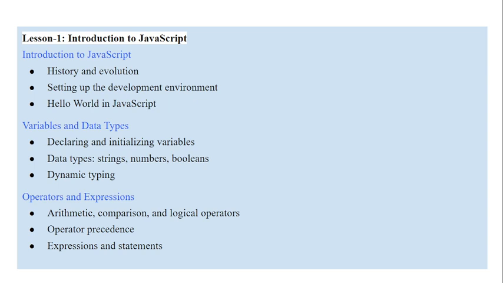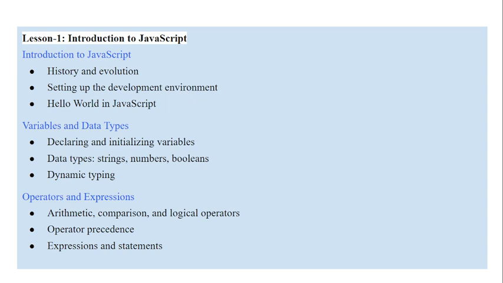And after that, we have variables and data types. In variables and data types, this is very important. We know that variables are var, let, and const. Why are we using variables? Variables are used to store data. In later classes we will discuss variables in detail.